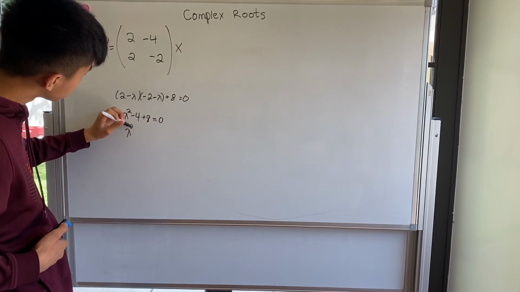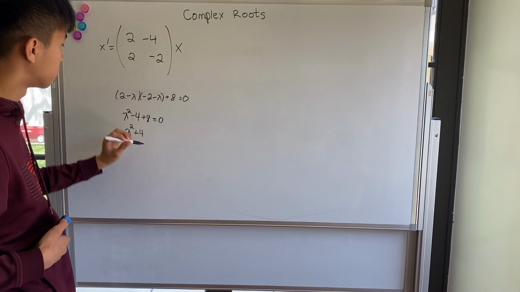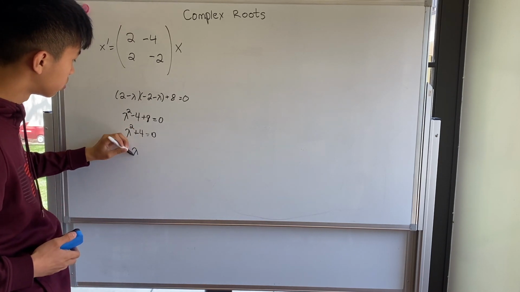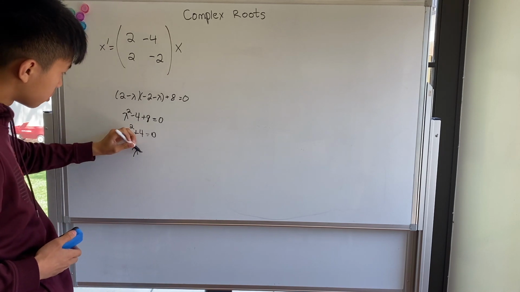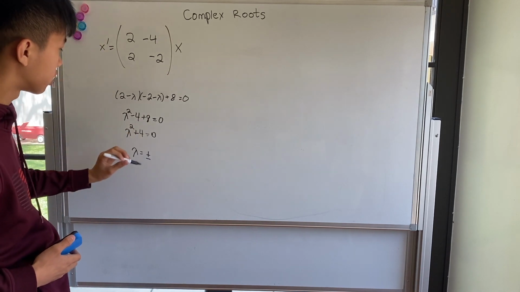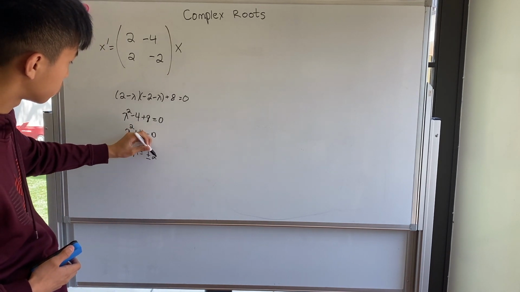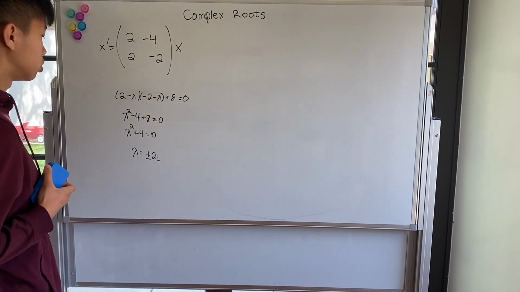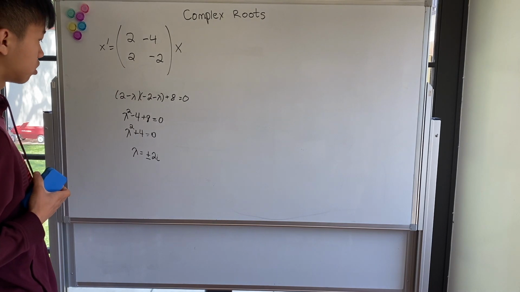So we get lambda squared plus 4 equals 0. And as we already know, this is a complex root. Well, shoot, what do we do?